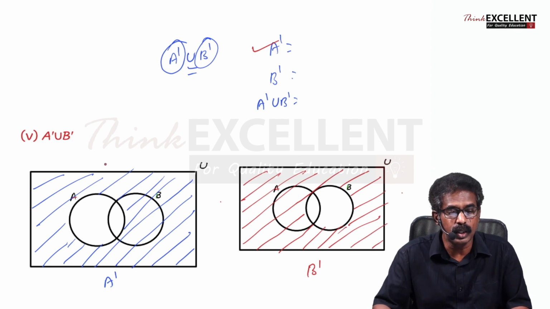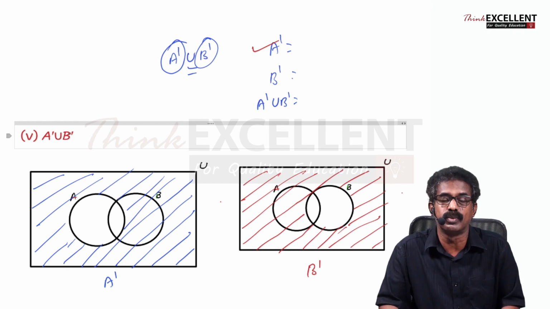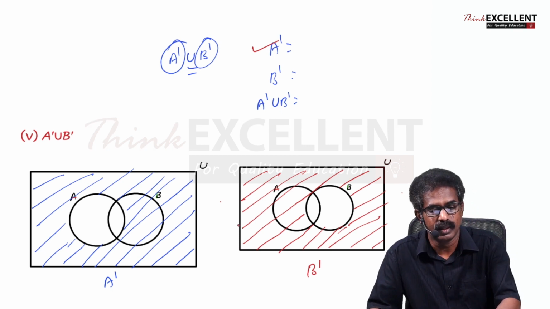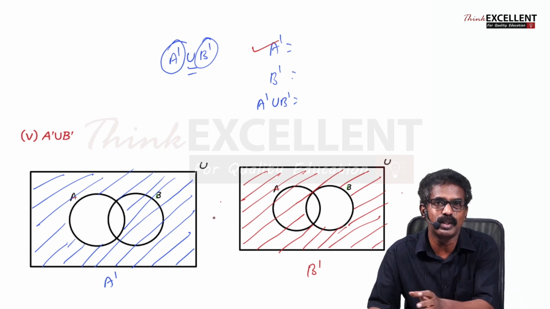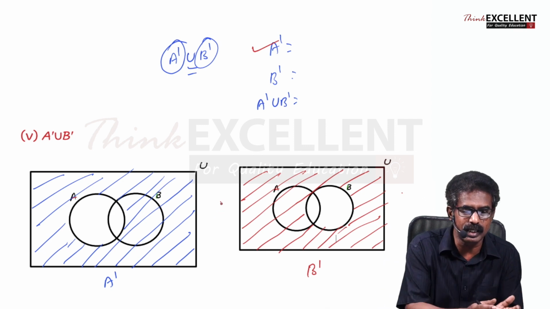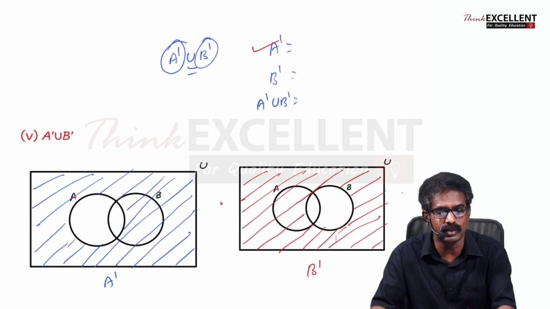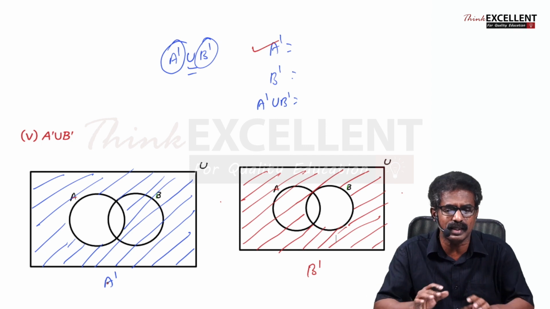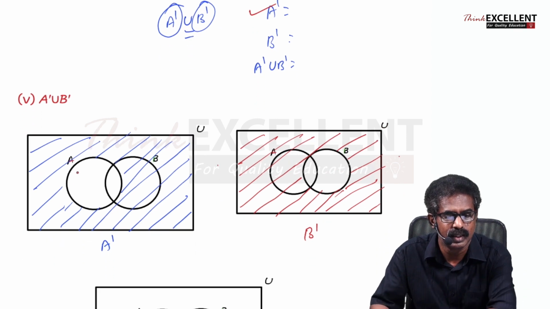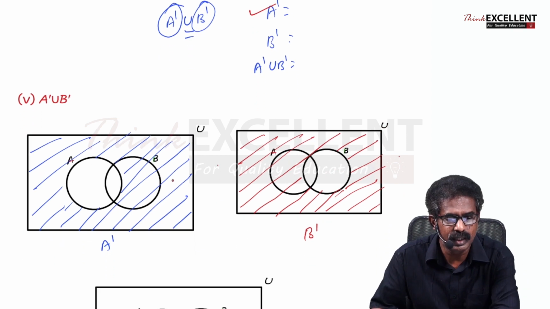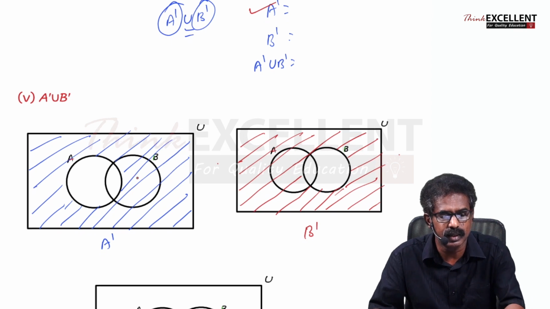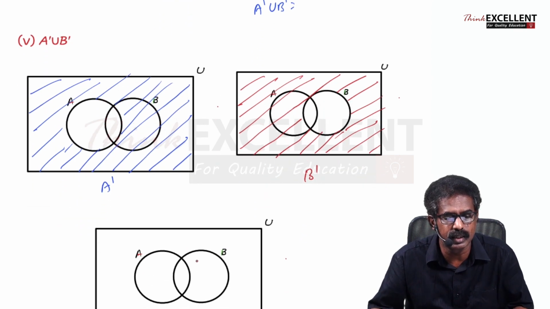Now you have to find the union of these two. Union means everything you have to shade, right? You shaded here, you shaded there, everything you shade. So will the entire U come or some portion left out? Outer fully shaded, then this portion shaded in the second one.